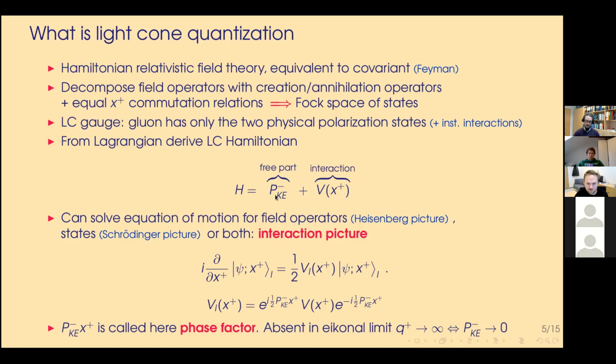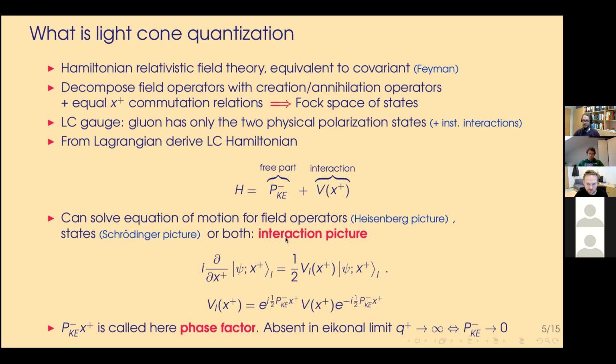So every particle, quark, gluon, whatever in the Fock space has a 3 momentum, so k plus and k transverse. And to these three components of the 3 momentum corresponds an on-shell energy. So the free part of the Hamiltonian is just the kinetic energies of the particles. And then there's the interaction part, which is 3 and 4 point functions of the creation annihilation operators. So that has the interactions of the theory.